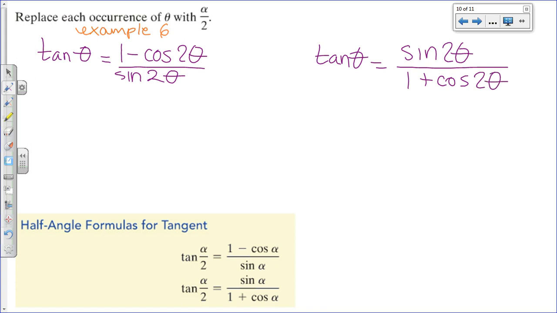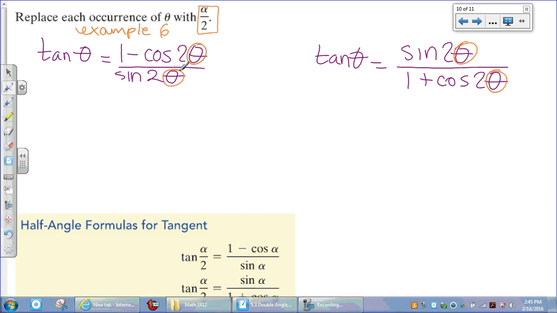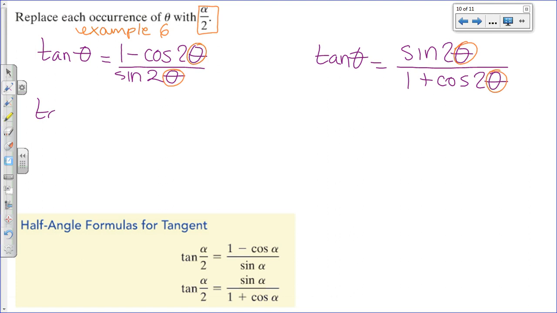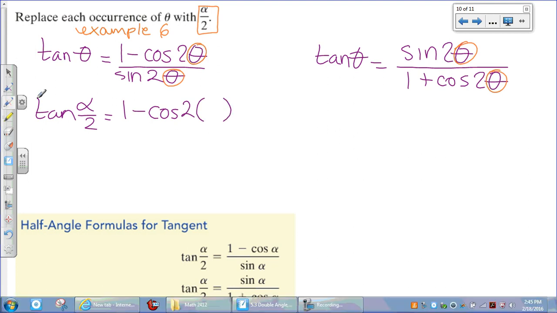So now what I want you guys to do is to replace the angle theta, every single theta you see, with alpha over 2. So tangent of alpha over 2 is going to be 1 minus the cosine of 2, and remember we're replacing theta with alpha over 2.